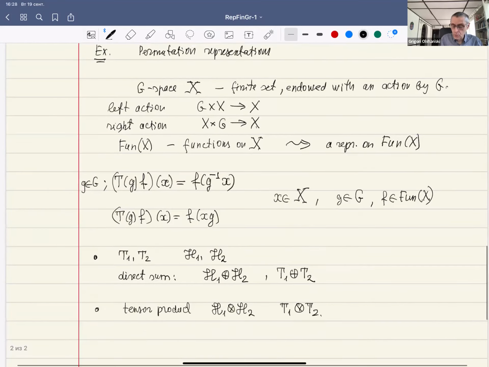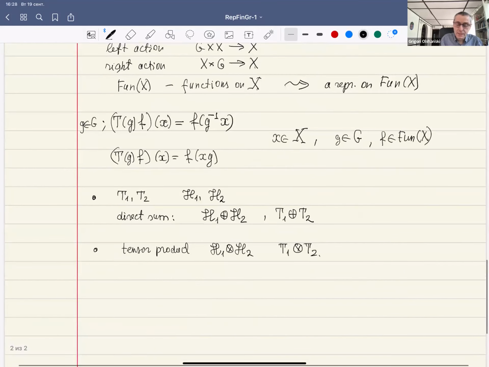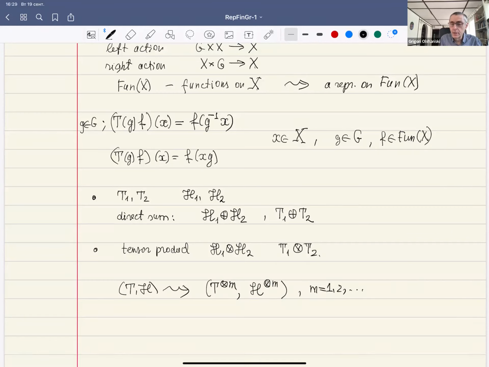So for instance, from a single representation, we can already produce a whole family of representations, like by taking, say, tensor powers, which acts on tensor powers of our spaces. Here m is 1, 2, 3. So is it clear? I hope. Do you have any questions? Is it okay?